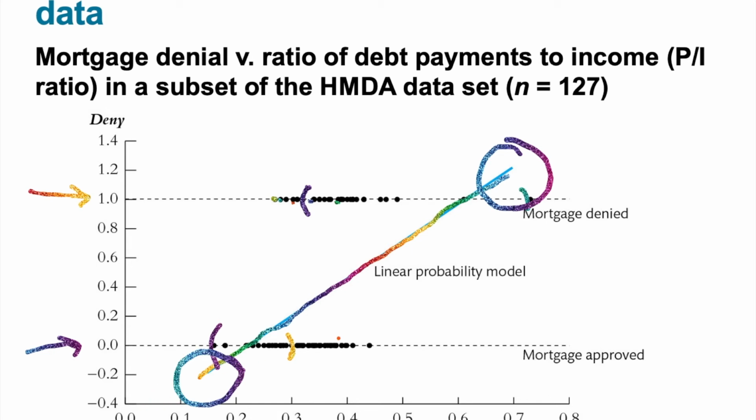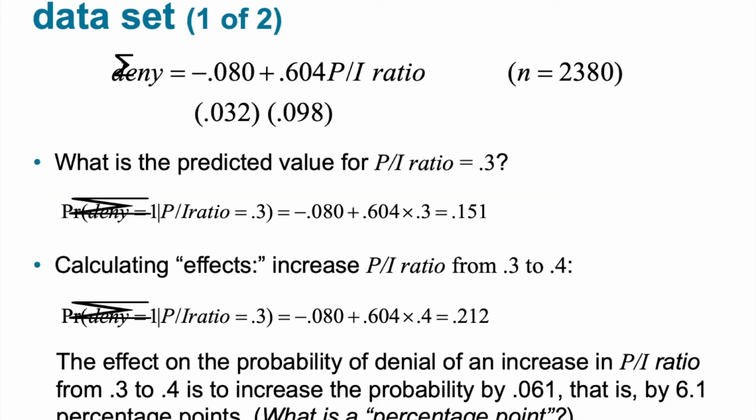It has some problems. The linear probability model works pretty well for data where the probabilities are not very close to 0 or very close to 1. But when we get close to 0 or close to 1, the linear probability model starts to fail. Let's continue looking at this example.